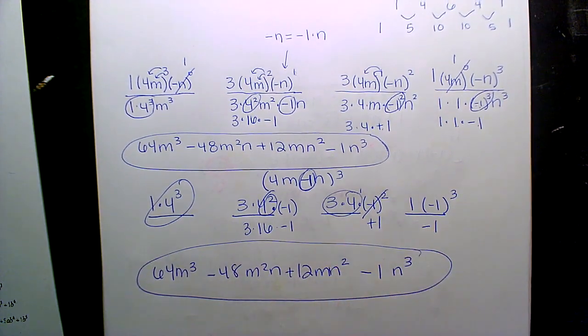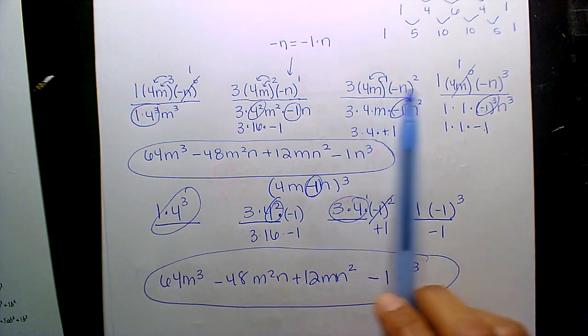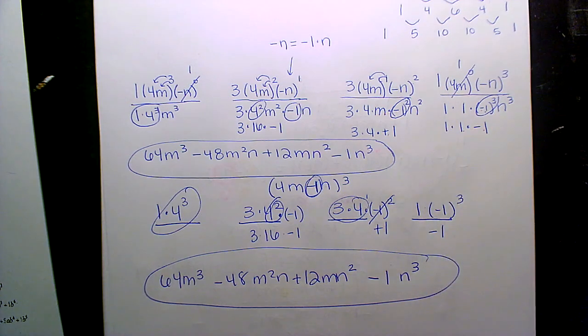So if you really understand the binomial expansion and Pascal's triangle, this is really, really fast, but you're welcome to always expand it by hand if you want. Because it can look really messy when you're putting all the variables and everything in, but once you remove the variables, it's really clean and pretty, and it's doable, and you're not going to make as many mistakes with the numbers. Yeah? I like this.